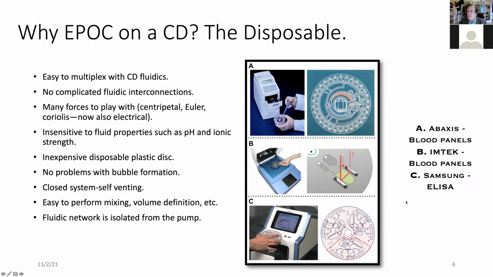There are many more new products. Samsung's has been bought up by a company, Nexus, now in San Diego, who we work with. Imtech is more research, and ABAXIS is actually the oldest, most established centrifugal fluidics-based commercial company.